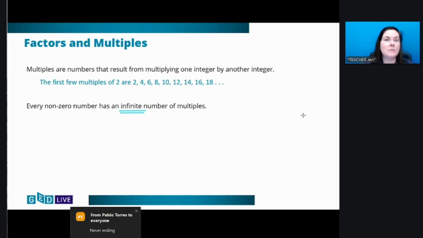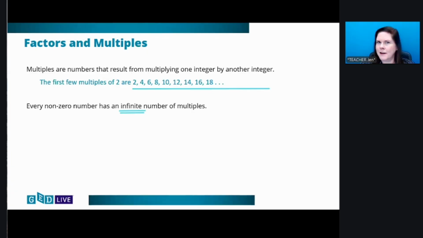Yes, infinity, for example, right? That's a word we know, infinity. So these multiples are infinite. They go on and on and on and on forever. There's never an end. With factors, there's an end, right? We have the T-chart, and that has the whole collection of factors. But multiples go on and on forever.